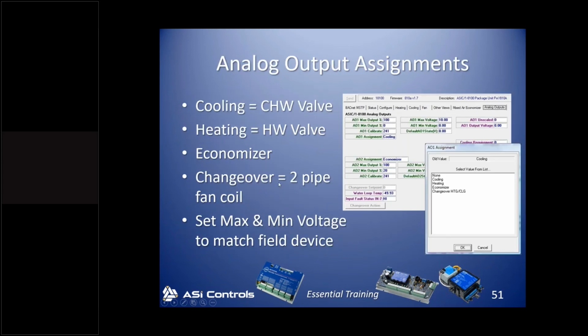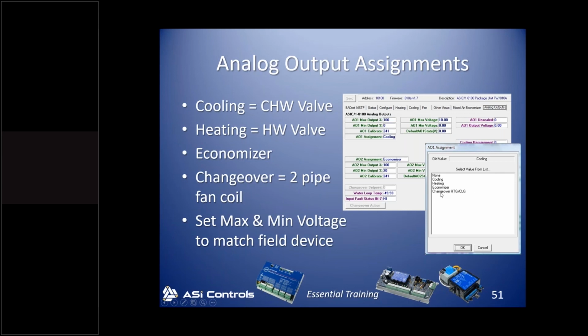There's two analog outputs on an 8100 controller. So on the analog outputs tab, you can assign the two analog outputs between cooling, heating, economizer, and changeover heating, cooling. Cooling, if you happen to have a chill water valve, that's a common case. Heating, if you had a hot water valve. Economizer, when you're choosing any of the economizer options, including CO2.